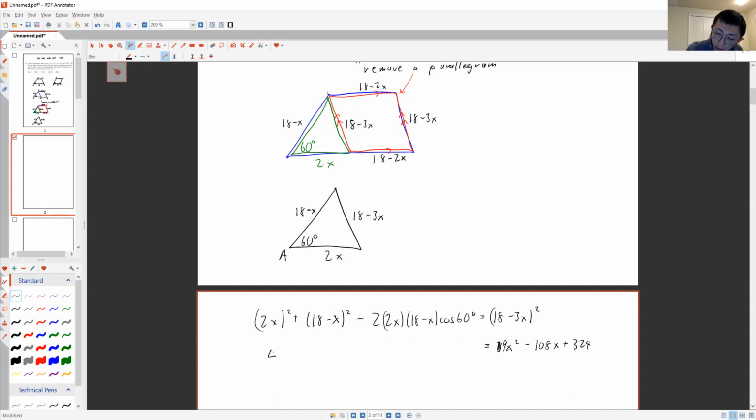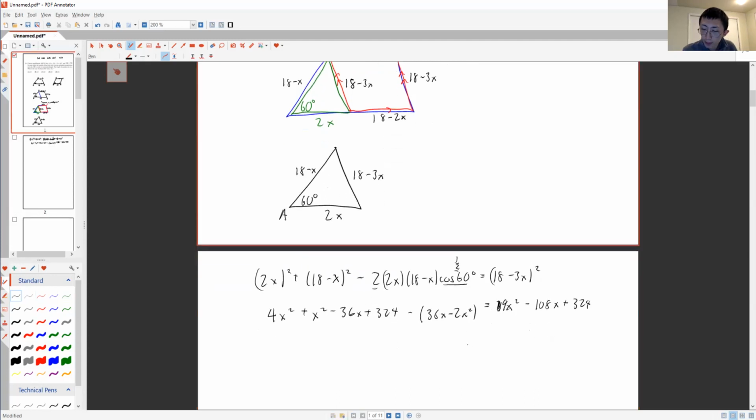equals, let's see, this will be 4x squared plus x squared minus. The cosine of 60 is 1/2, which will cancel out with the 2. So we just get minus 36x minus 2x squared in parentheses. So let's take account.